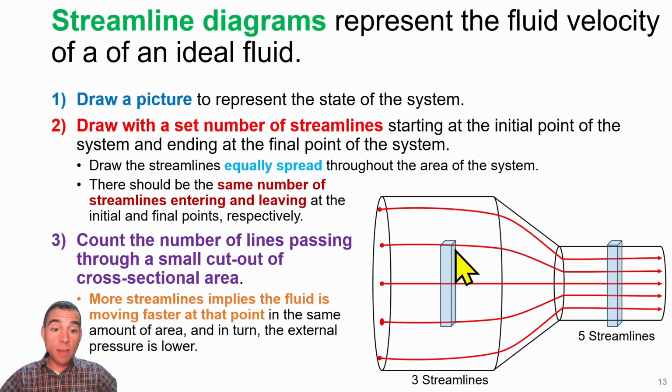We can see that I only have 3 streamlines passing through my cutout on this end, and on the other end I have 5 streamlines passing through my cutout. And wherever you count up more streamlines, like over here on point 2, that will imply that the fluid is moving faster. So in other words, the closer your streamlines are together, the faster the fluid is moving, and therefore the lower the measured pressure would be in that area.